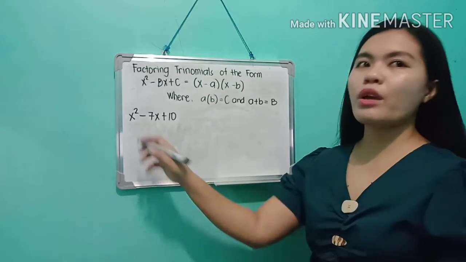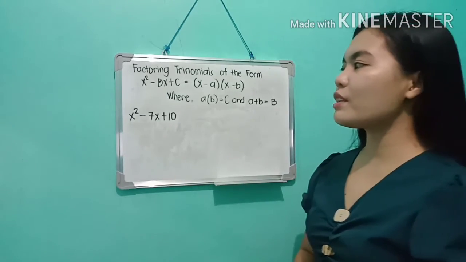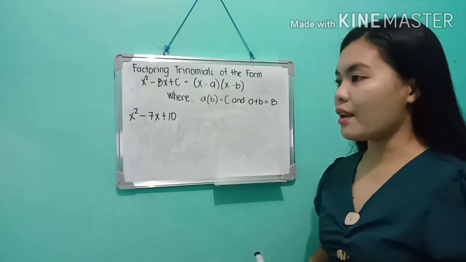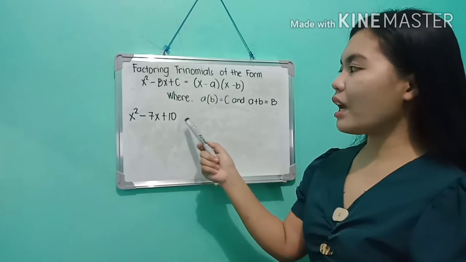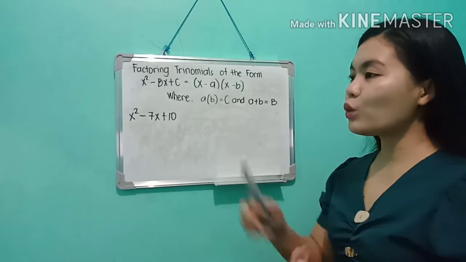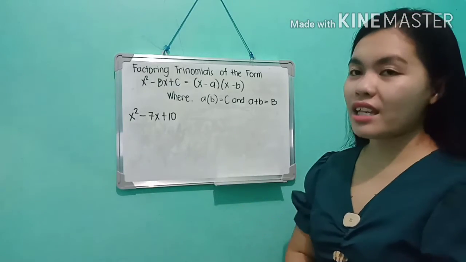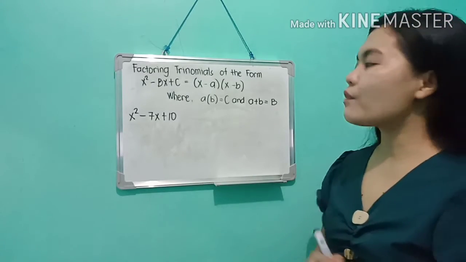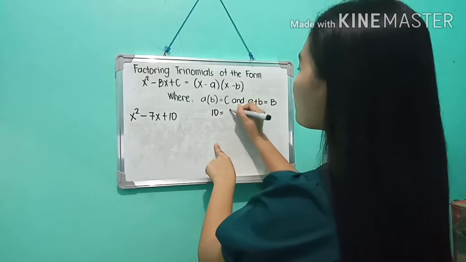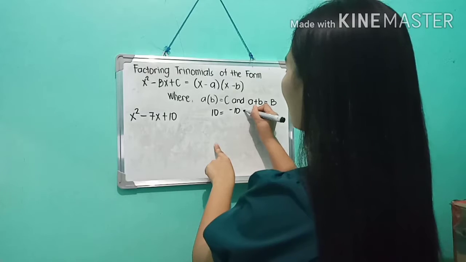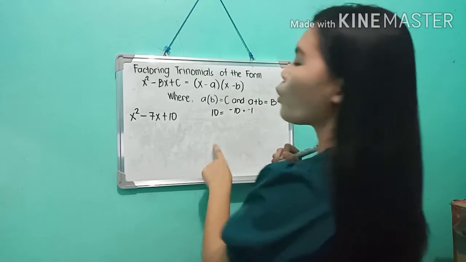Alright, so for example, we have here x squared minus 7x plus 10. So, hahanap tayo ng factor ni 10, na kung saan, kung i-add natin siya, magbibigay sa atin ng negative 7. Alright, so we have here 10 is equals to negative 10 times negative 1.